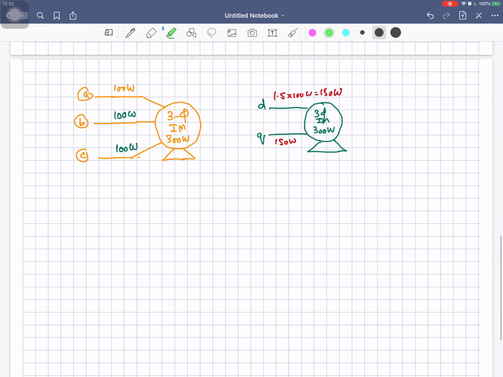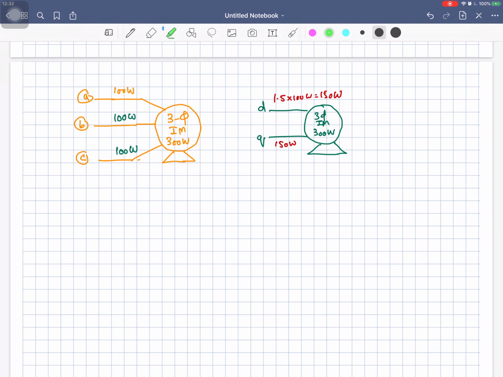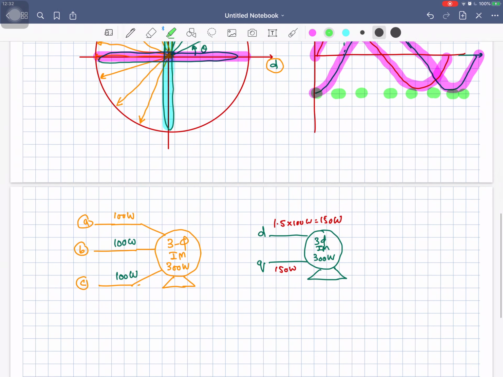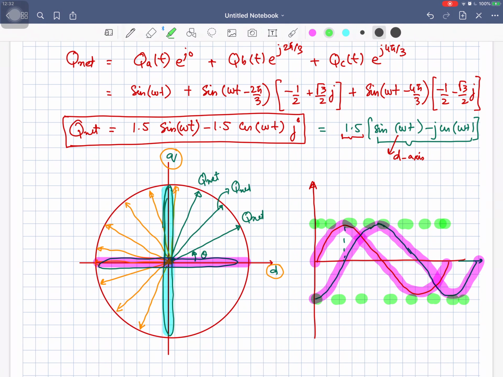Okay, now if I say that I want to keep the power equation the same for the DQ frame of reference, our voltage and current should remain the same. But as you look over here, we have the factor of 1.5.